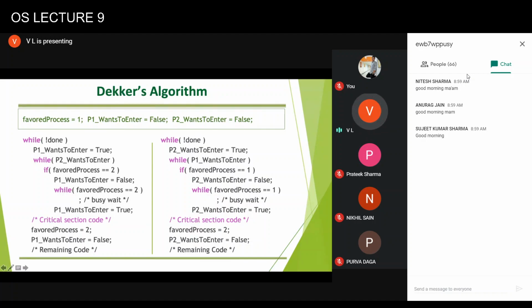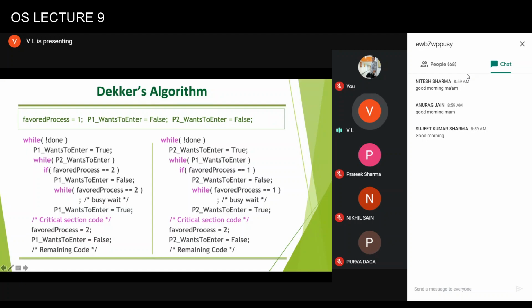Naturally it is checking the condition after setting its own P1 wants to enter equal to true, so this statement has been executed. If any context switch takes place before this statement gets executed, then P2 might get a chance and set its wants to enter equal to true.